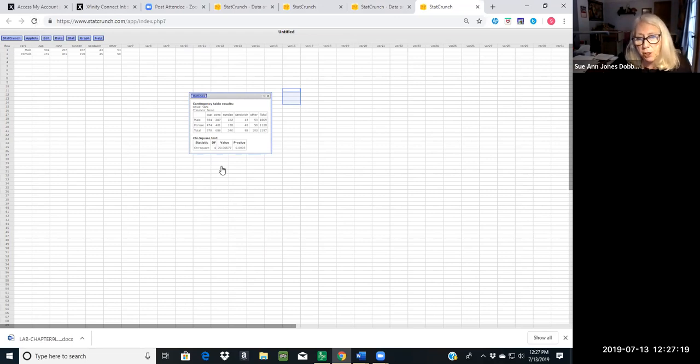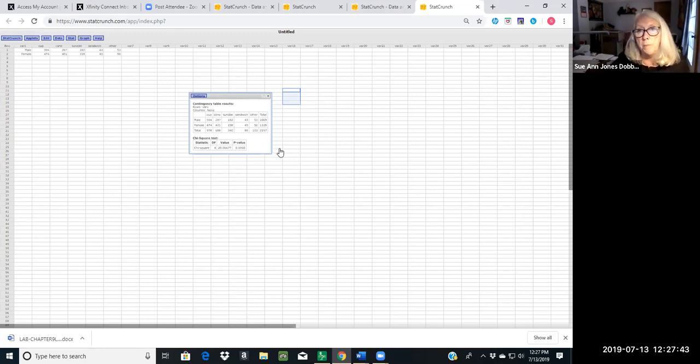So you should be able to see on here that where it says value, that's the value of my test statistic. But the important part here is where it says p-value. And so the p-value for this is 0.0005. I compare that to my alpha value of 0.0500.